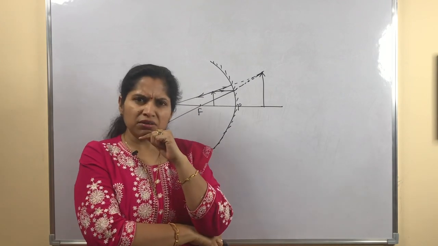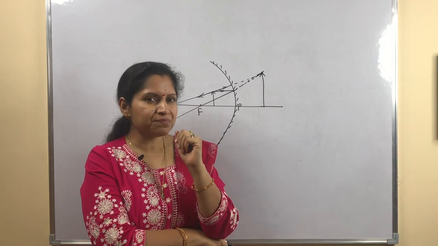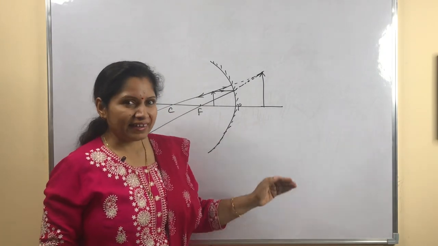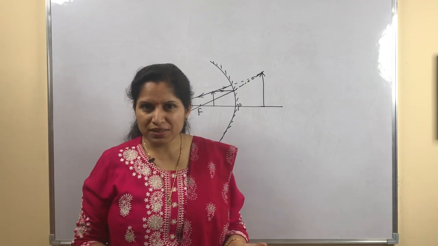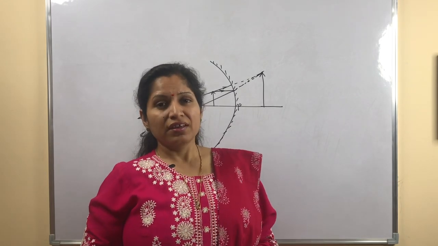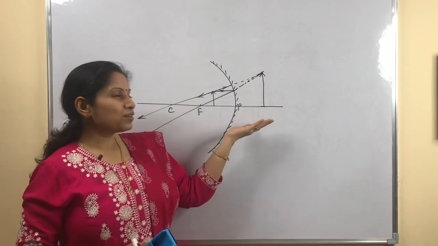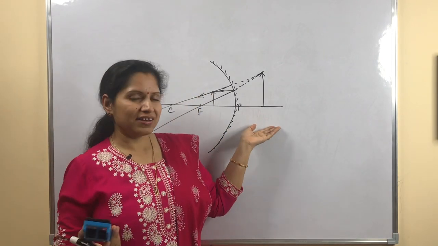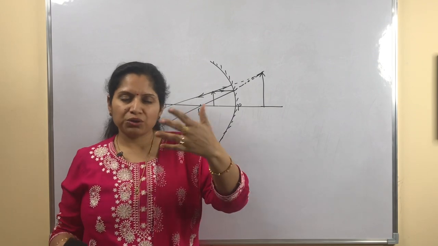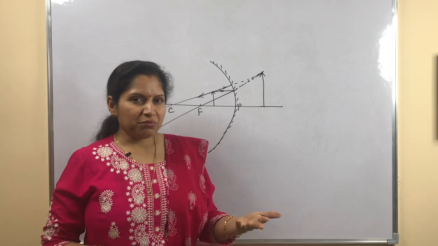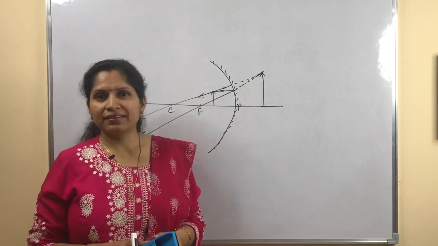But behind the mirror, how will it appear to us? That is called a virtual and erect image. And whenever we see ourselves in any mirror, if we are able to see our face in a mirror, that is always a virtual and erect image. Even in the morning when you are using a plain mirror to comb your hair, the image formed in a plain mirror is also virtual and erect.